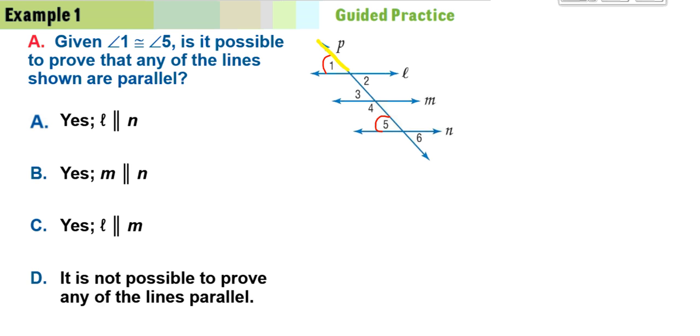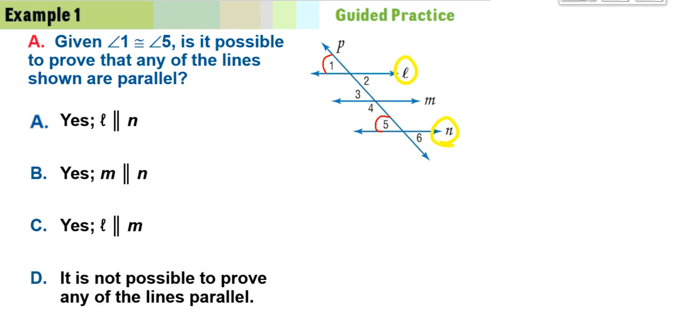If I trace angle 1 and trace angle 5, and then I extend those, it looks like the two lines that might have a relationship are our line L and N. Notice I don't use any of this from M. So these are the two I'm thinking about. I'll recircle those for now.